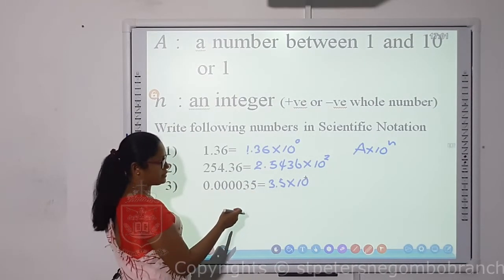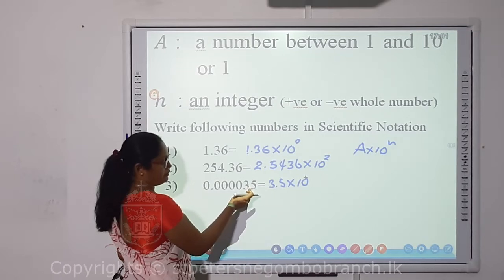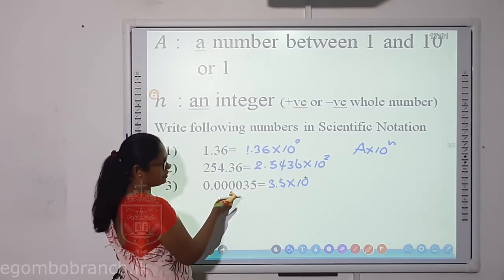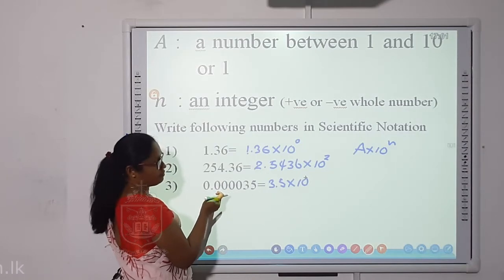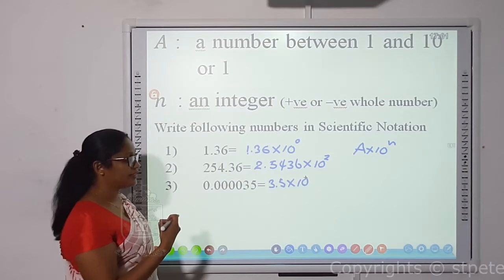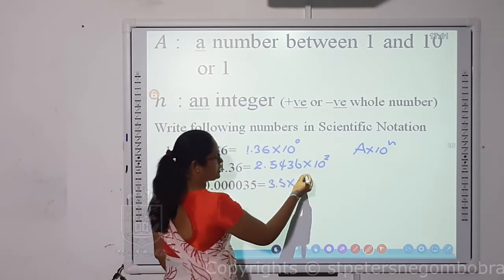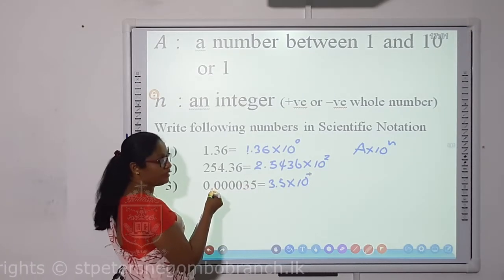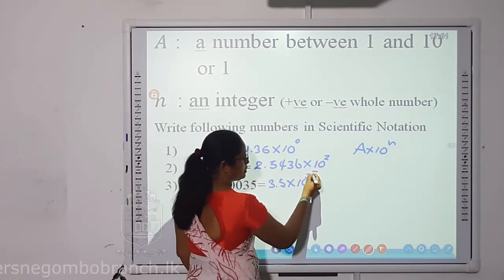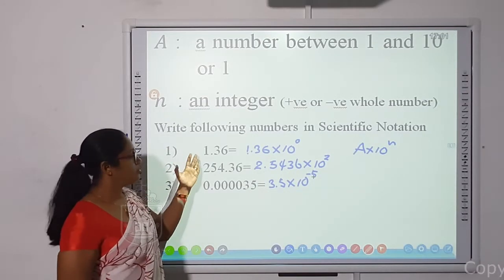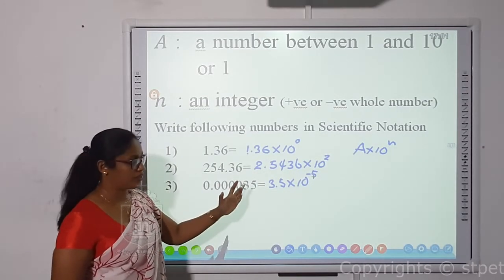By how many places? If I put the decimal place here, 1, 2, 3, 4, 5. By 5 places, I should shift the decimal place to the left side. Left side means there should be a minus, and I counted 5 places here. So here the power should be minus 5, right? So this is how we can change normal numbers to scientific notation, right?